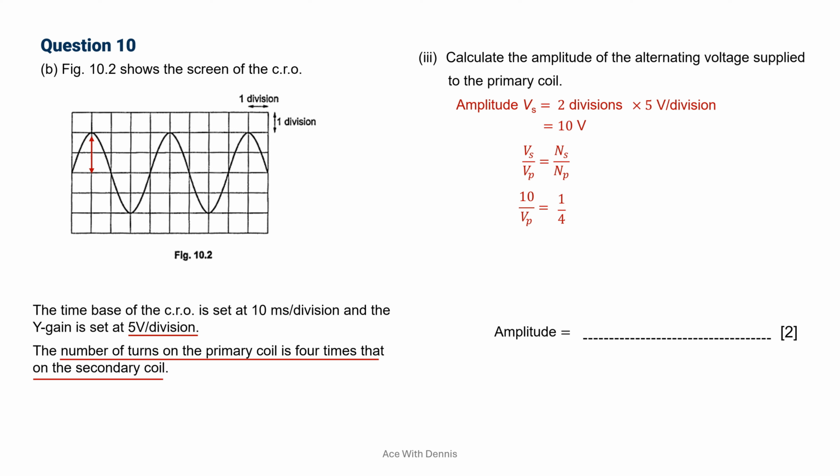Once we form this equation correctly, then we can solve it to find Vp. It will be 10 times 4, which gives us 40 volts. Hence, the amplitude of the alternating voltage supplied to the primary coil will be 40 volts.